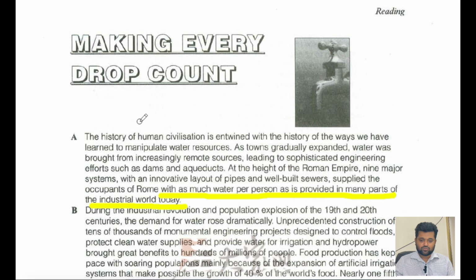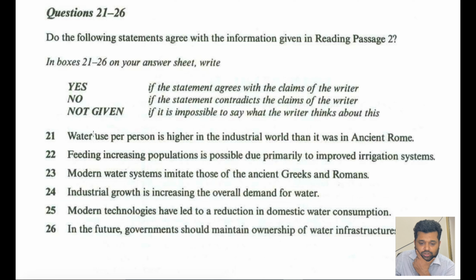We can underline this information. So the same amount of water was used in ancient times, but the question says water use per person is higher in the industrial world than it was in ancient Rome. No, totally contradicting information. So this answer is no. We can write here, so 21 is actually no.